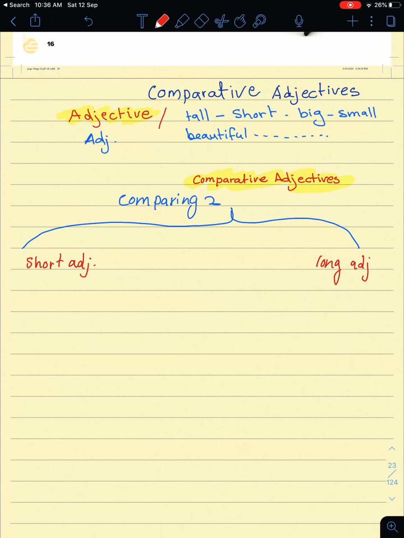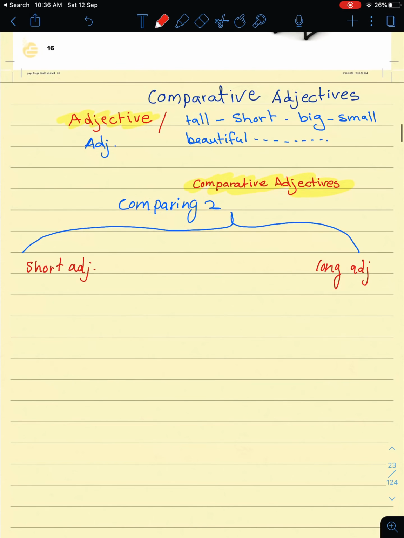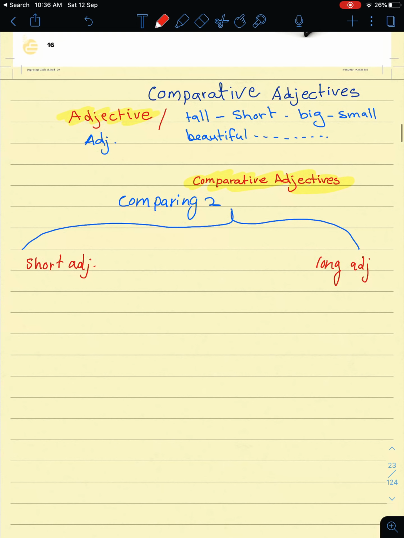You may ask yourself, ممكن تسألي نفسك, what is the difference between short adjective and long adjective? And how can I tell that this is a short adjective and this is a long adjective?